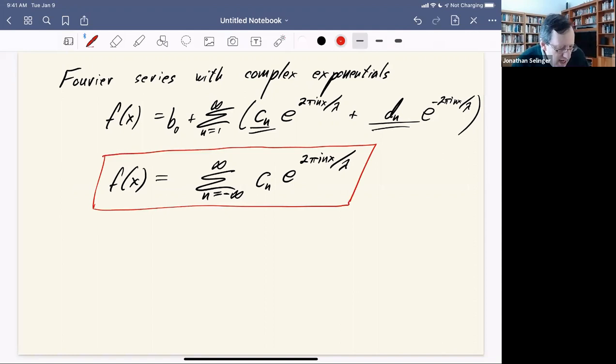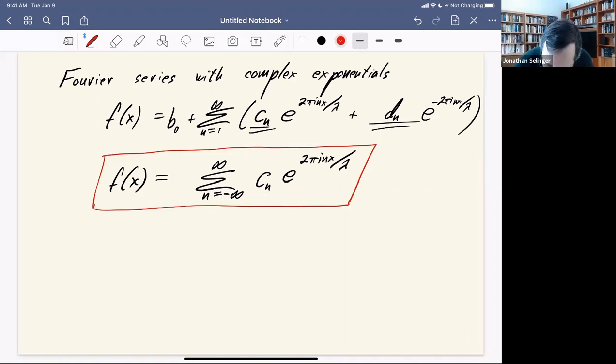And now suppose I want to know what the coefficients are. I will get the coefficients by using the Fourier trick, where I multiply both sides of the equation by the complex exponential function, and integrate.